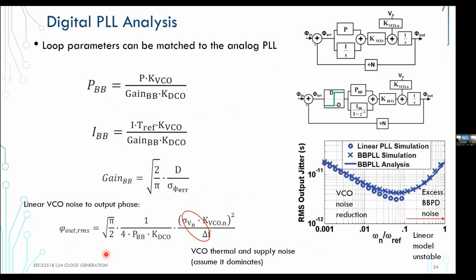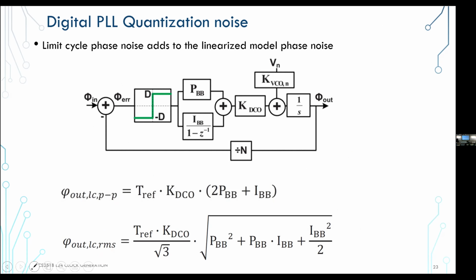Okay, and so if you do that, the way you analyze the loop is that you take this limit cycle RMS as the contribution of this detector. So this noise is injected right here. And it basically gets added to the phi error, right?